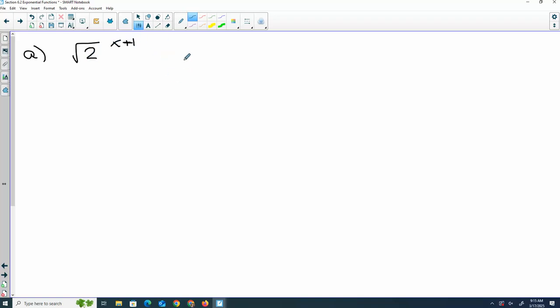So if I have square root of 2 to the x plus 1 power equals 8 to the x times 4 to the 3x. Remember, the strategy is to get a common base. What would my base be for 2, 4, and 8? 2. A square root of 2 is 2 to what power?